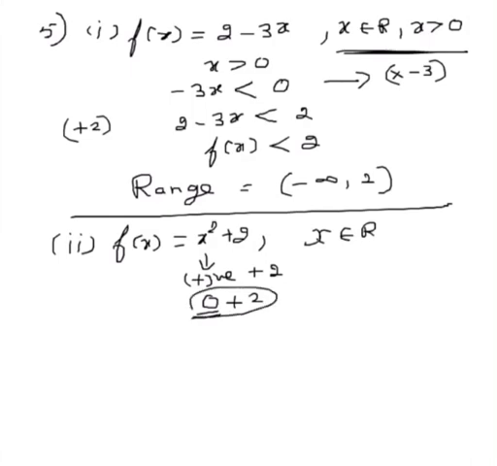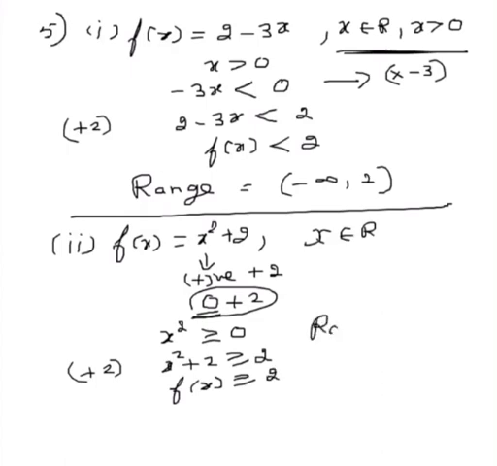Therefore, x square is greater than or equal to 0, we know. Now let us add 2 on both sides. So x square plus 2, 0 plus 2 is 2. This is our f of x. So f of x is always greater than or equal to 2. Therefore, the range becomes 2 included to infinity.